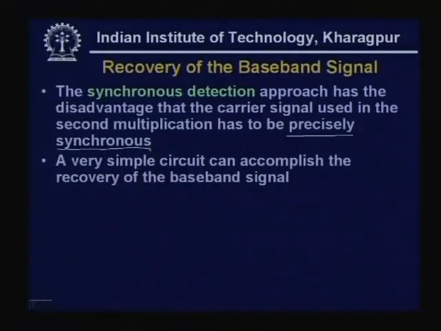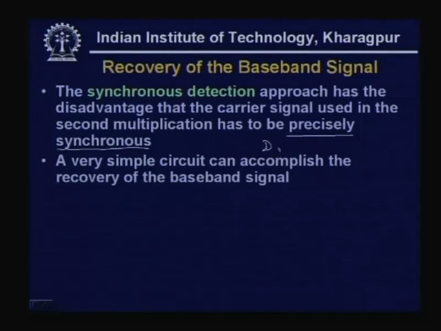If there is any phase difference, then after multiplication the signal that you get will not be the baseband signal. Question is, how do you get the synchronous signal? You have to use costly hardware to generate the precisely synchronous carrier signal at the receiving end.